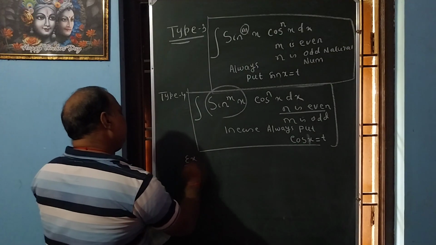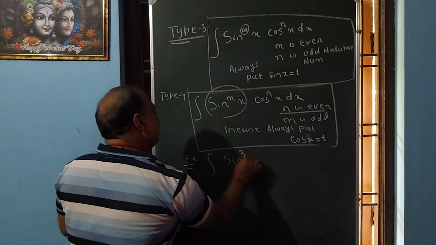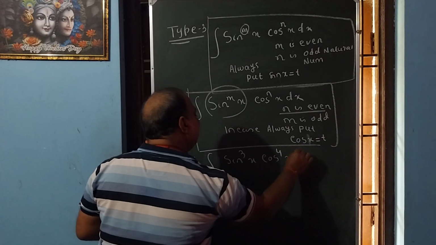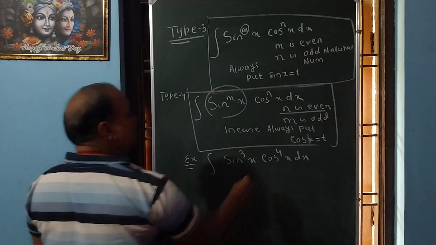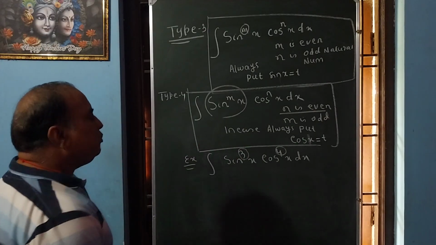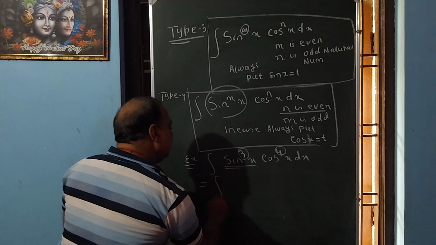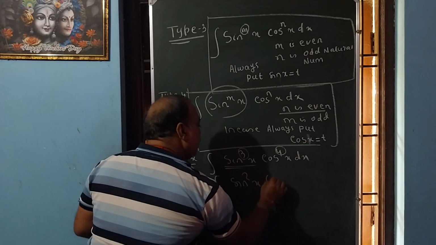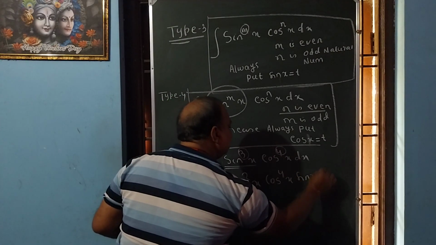Example: integration of sin cube x cos to the power 4 x dx. You see here, the power of cos is even and the power of sin is odd. So you have to break this quantity as integration of sin square x into cos to the power 4 x into sin x dx.